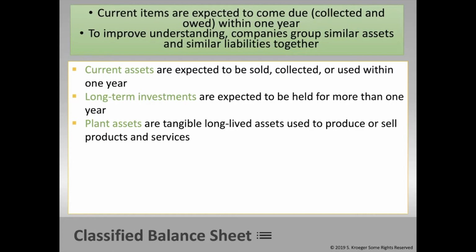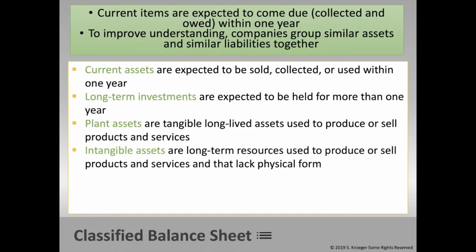We use these assets for many, many years, not just one. If these assets are used in the operations of the business, they will be in this category. I would like to point out that these could also be long-term investments if they have been purchased solely as an investment and not used in a business's operations.